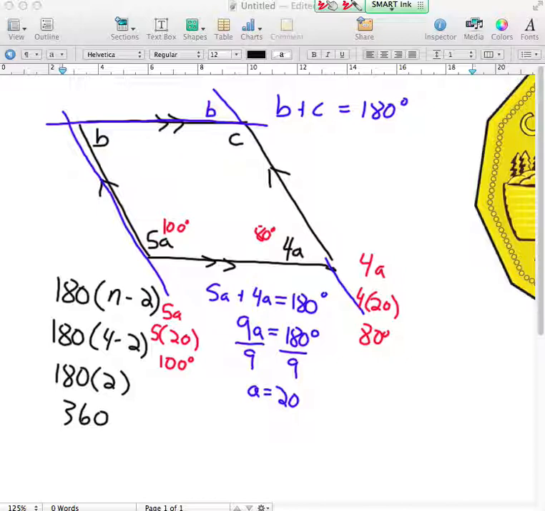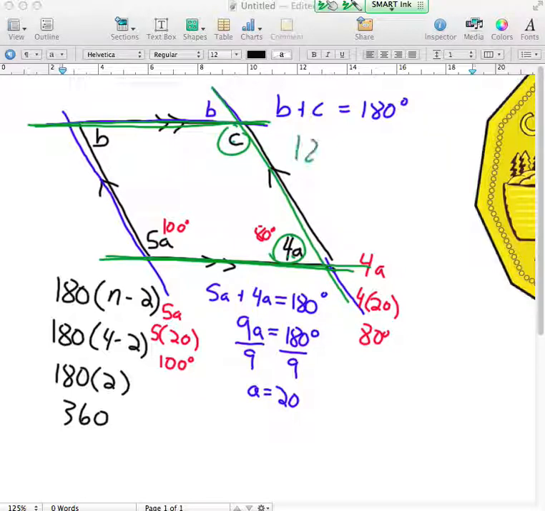Now, if I start looking at this here, I know that these here, if I take, let's draw them back in again, if I take this now as my set of parallel lines, and this here is the one that's cutting them or bisecting those parallel lines, I know that C and 4A have to be 180 as well, right? Because I've just redefined, like I did last time, these are now my parallel lines, this one here and this one here. So these are my new sets of interior lines, this one here and this one here.